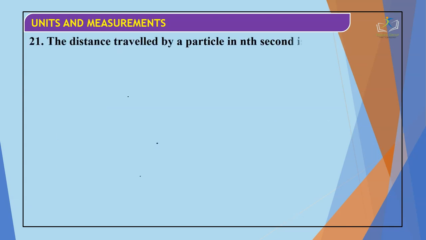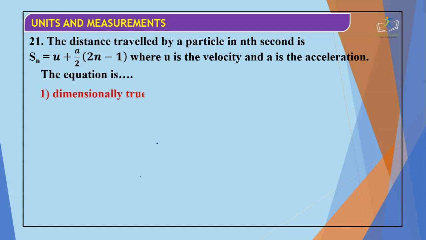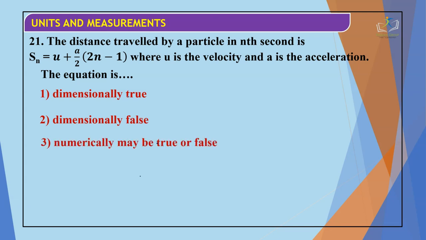The distance traveled by a particle in the nth second is Sn is equal to u plus a by 2 times 2n minus 1, where u is the velocity and a is the acceleration. The equation is dimensionally true, dimensionally false, or numerically may be true or false. 1 and 3 are correct.